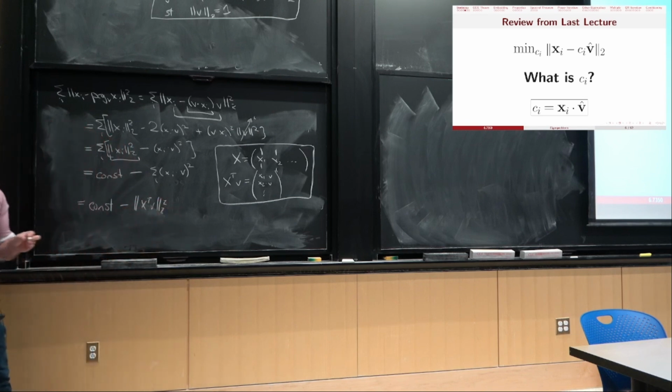Cool? By the way, if you're a statistician, you might know that there's an equivalence between minimizing variance and maximizing, oh God, I'm forgetting the phrase. Maximize variance, minimize bias, and what's the other one?